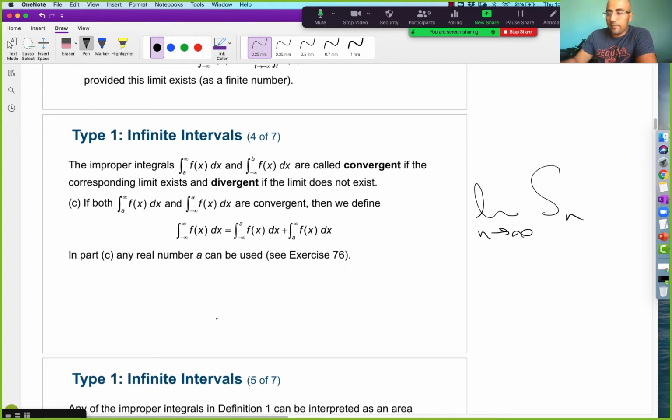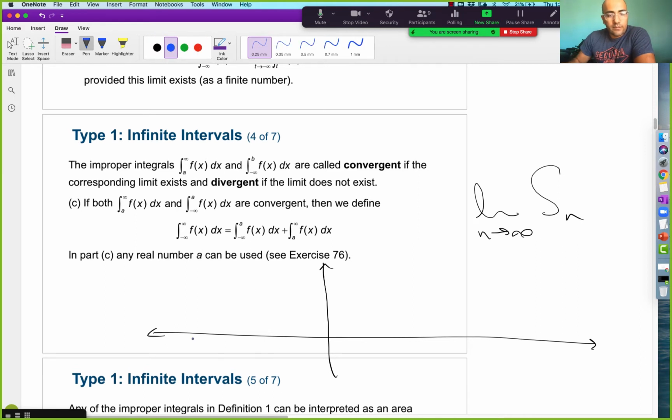This is very popular in statistics. If any of you have taken statistics, we very often work with functions that look like this. A function that goes this way, has a nice little bump, and then comes back this way. We say these are normal functions.